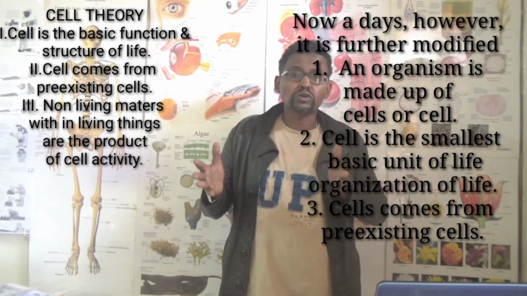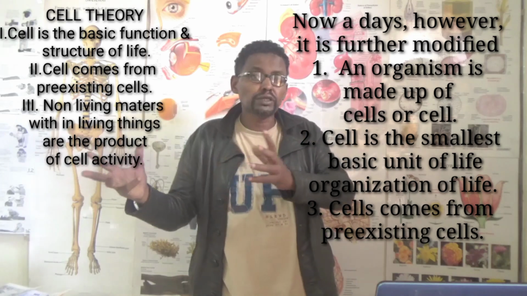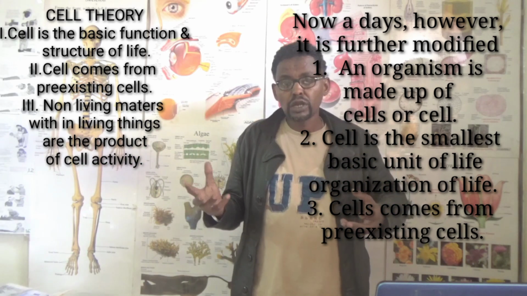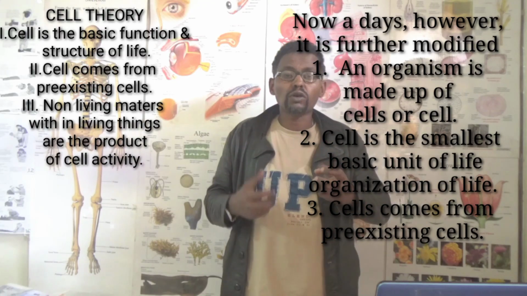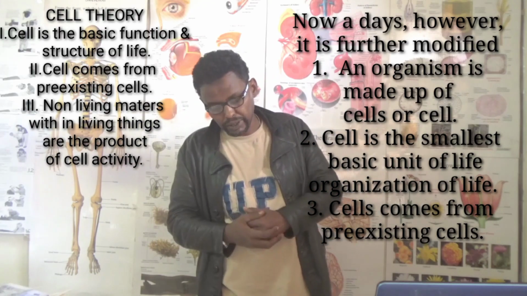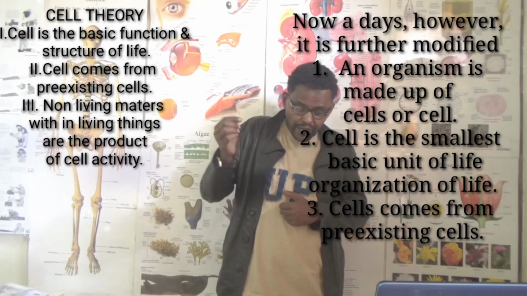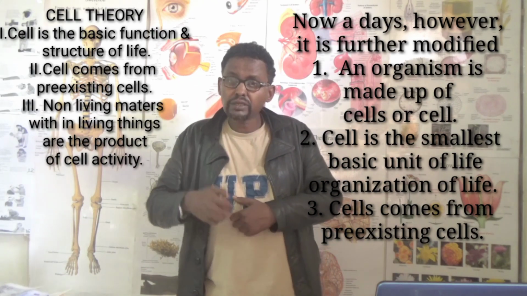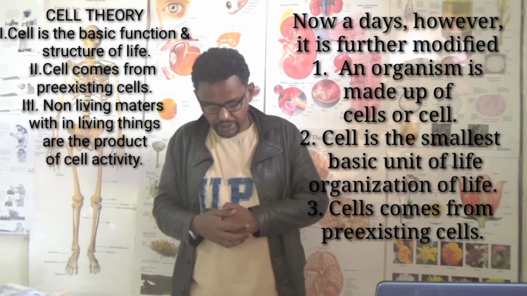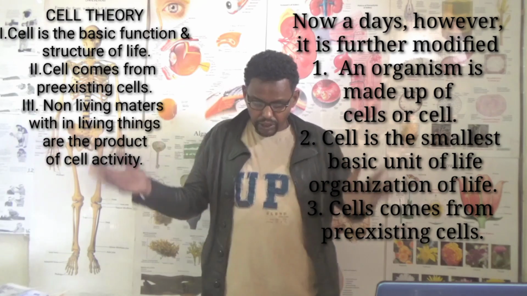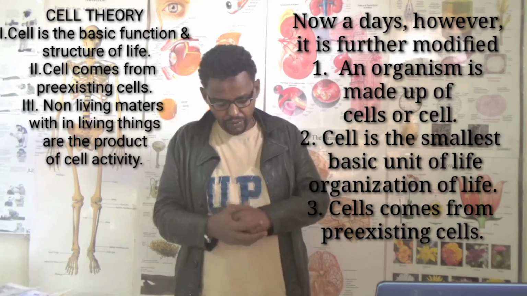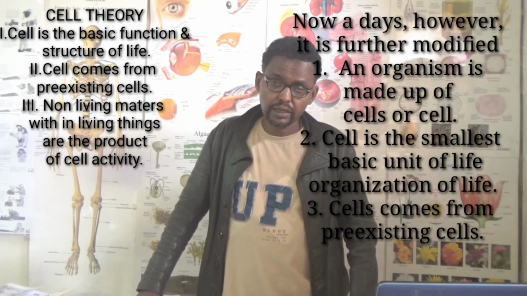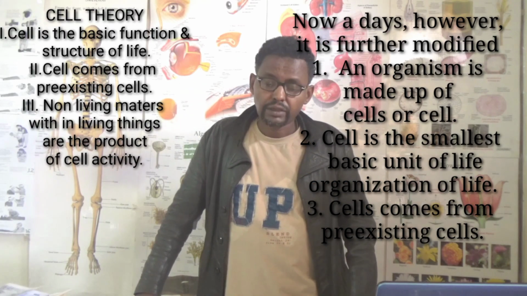And there are organisms which are multicellular but still not reaching even the tissue stage of organization. So organisms could be one or more cells in their way of arrangement. So the level of organization is the first statement. The second statement is the origin of the cell, and the third statement is the general organization of organisms on Earth. So these are the three statements of the cell theory that are formulated.